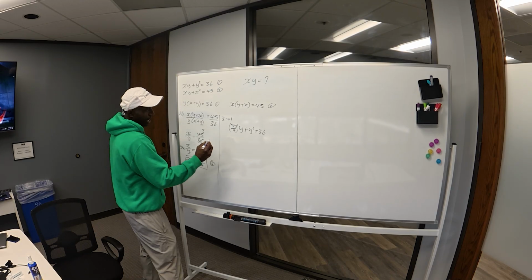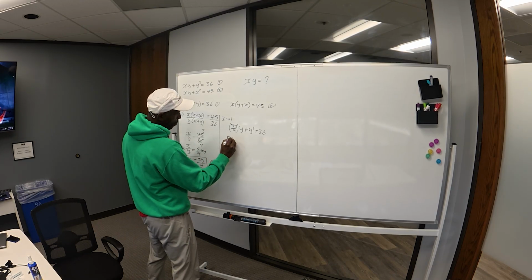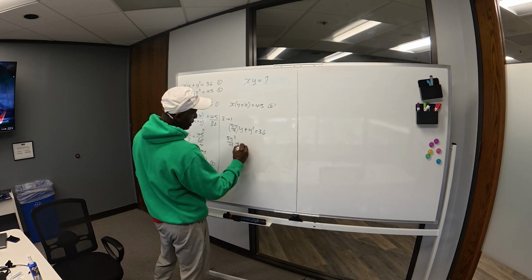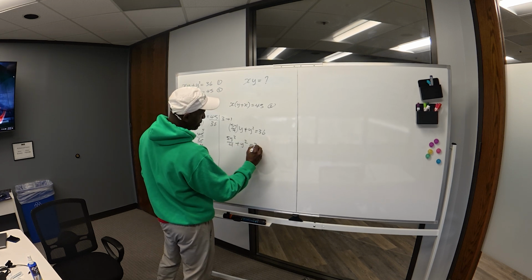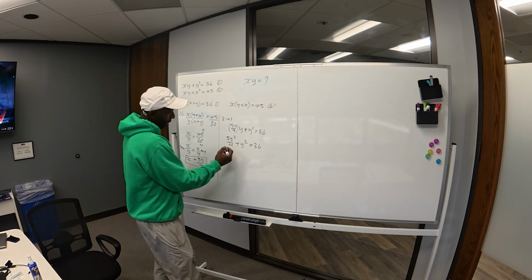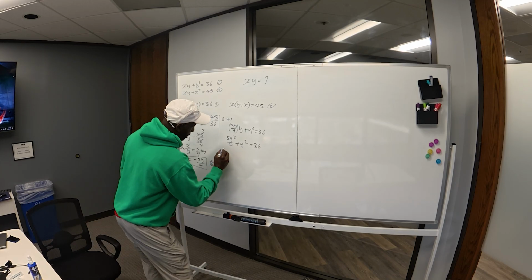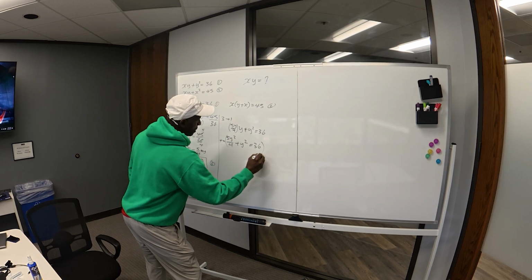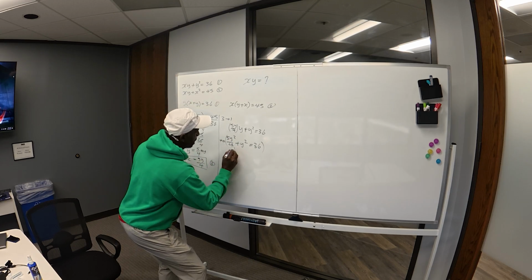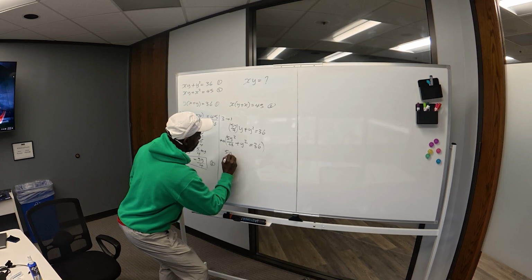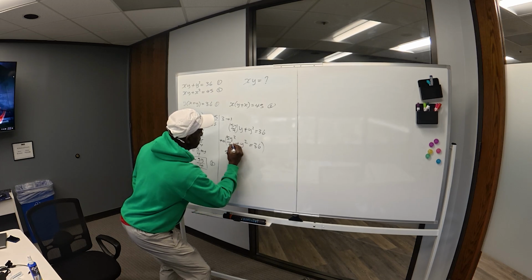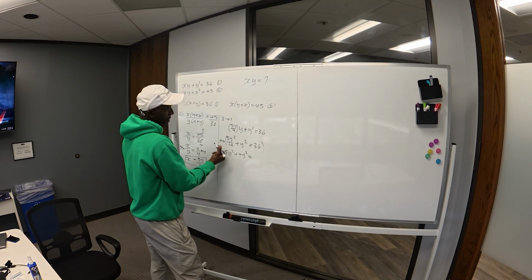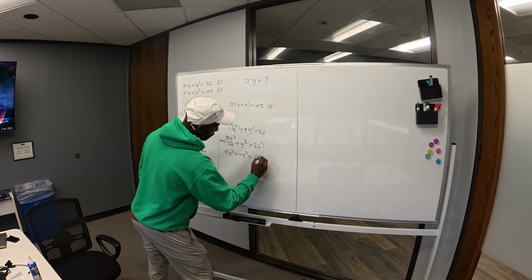So now we have 5y squared over 4 plus y squared is equal to 36. So let's multiply everything by 4. So we now have this 4 cancel out here. So we have 5y squared plus 4y squared is equal to 36 times 4, which is 144.